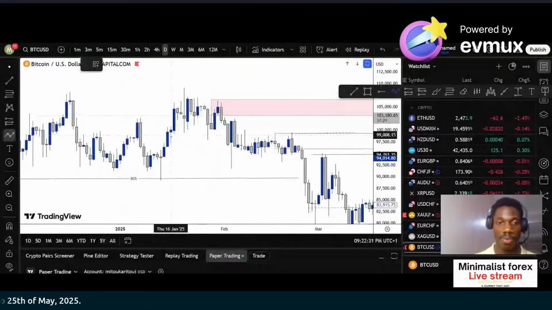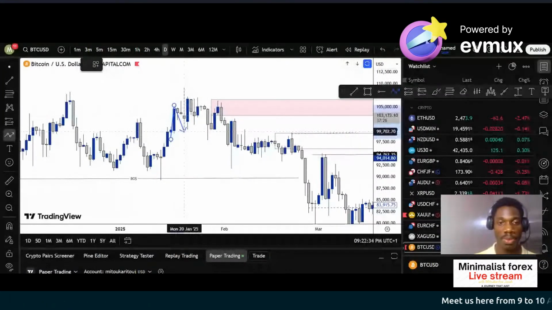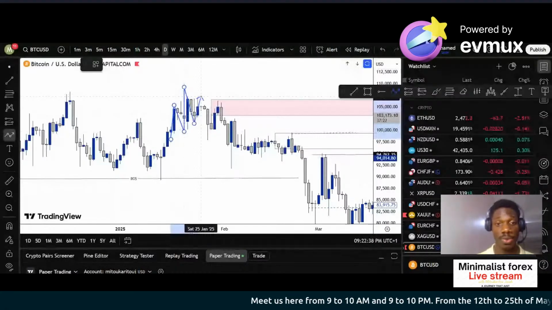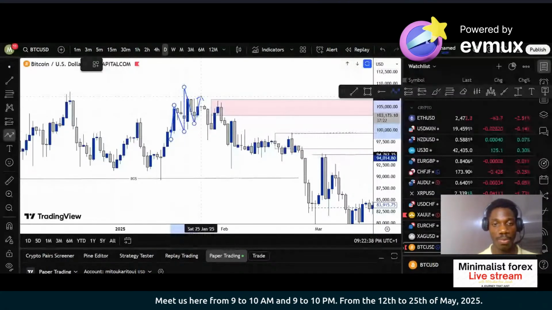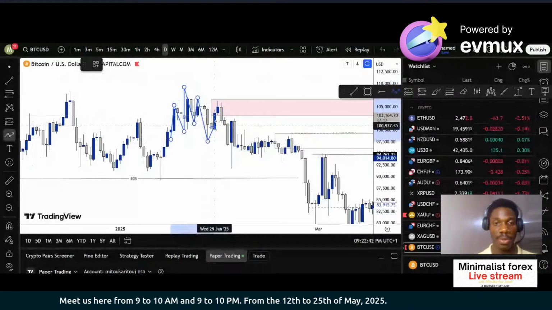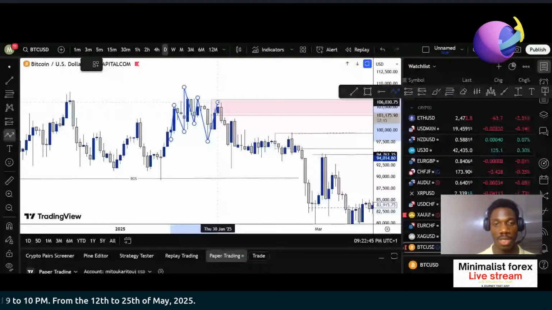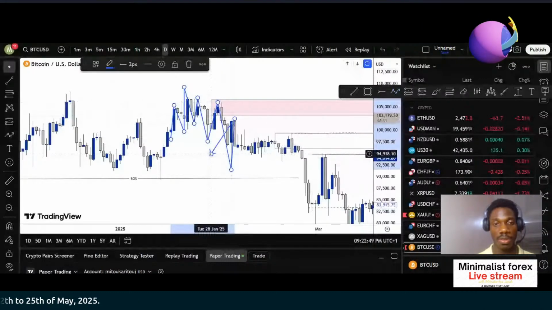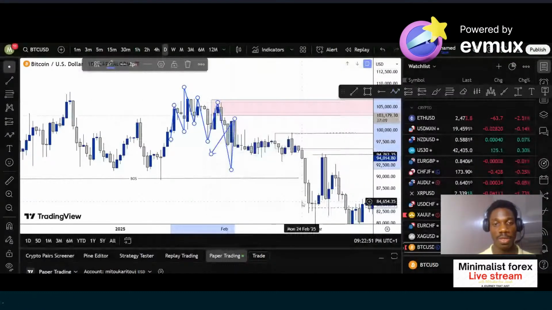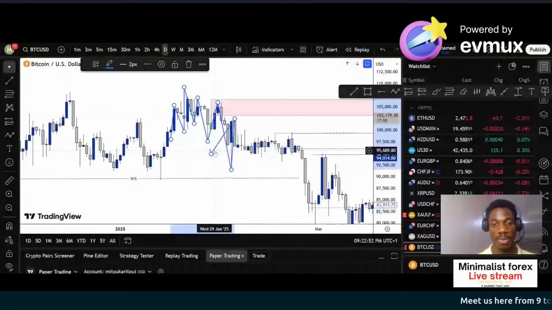Price created a high, created a low, created a higher high, created a higher low, failed to create a new higher high. So it stopped here and then broke structure. Okay, and then went up, pulled back, went up, tapped into this point, and then went down. So this is where the structure shifted.